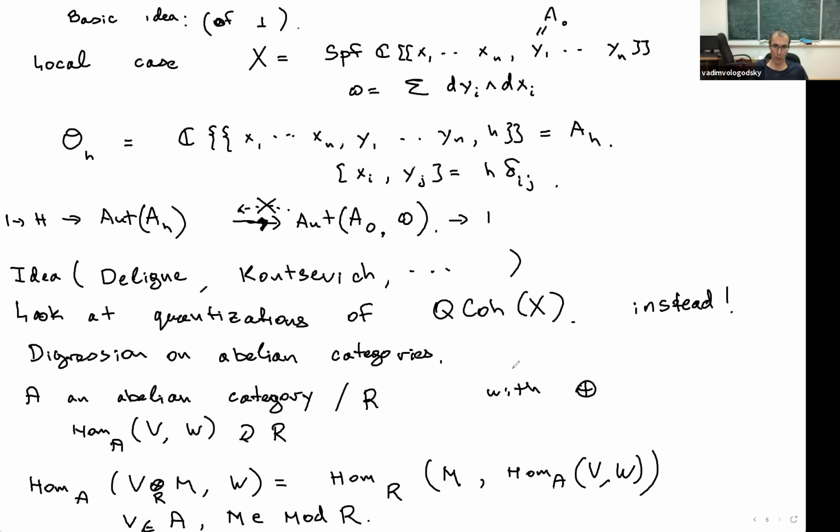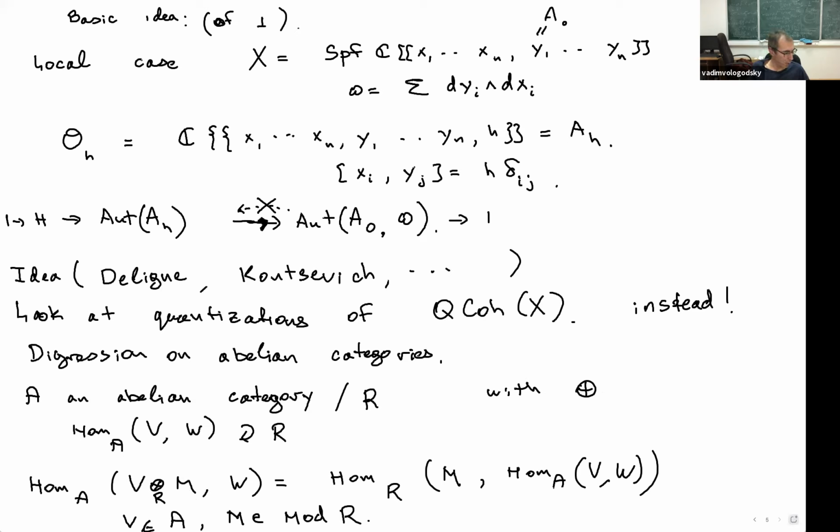Using the condition that my category has arbitrary direct sums, you can show that this functor is representable, so this object always exists. How do you prove it? You write M as the cokernel of a homomorphism of free modules, and for free modules you just take a direct sum of several copies of V. So the proof is basically one line.